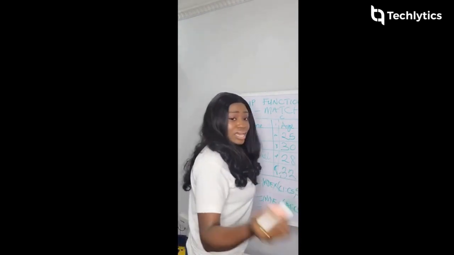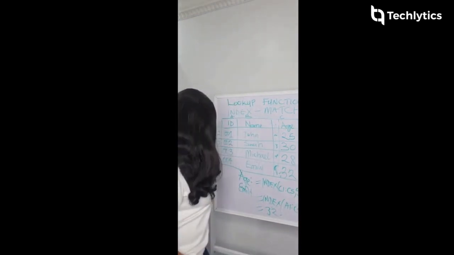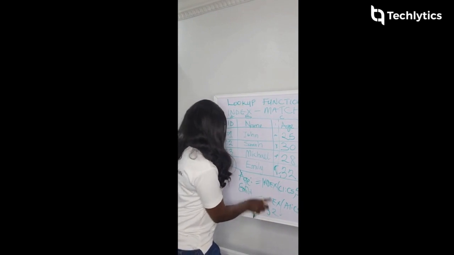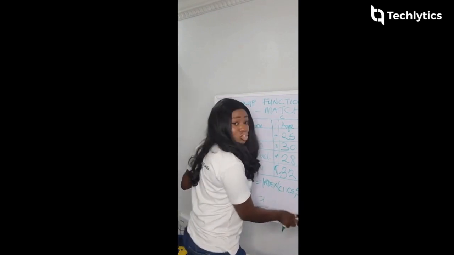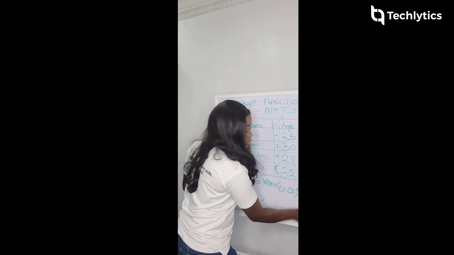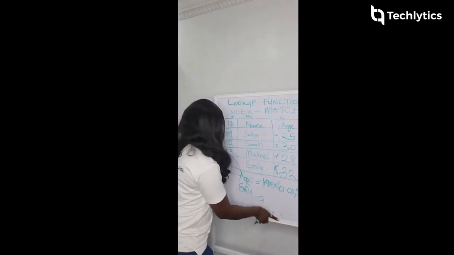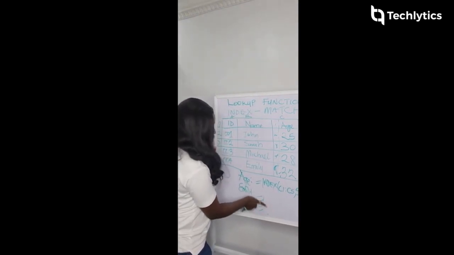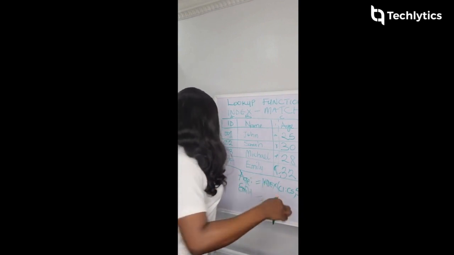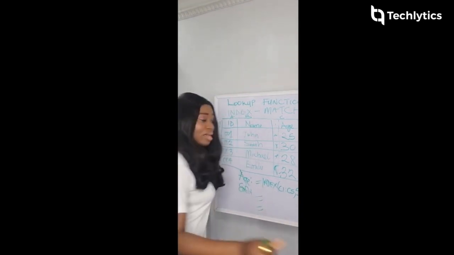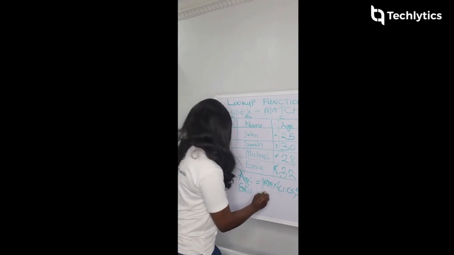So let's quickly look at how MATCH would work here. In this case, instead of using INDEX, if I wanted to use just MATCH, remember MATCH will return a number, that is a position. So let's look at Emily using MATCH.